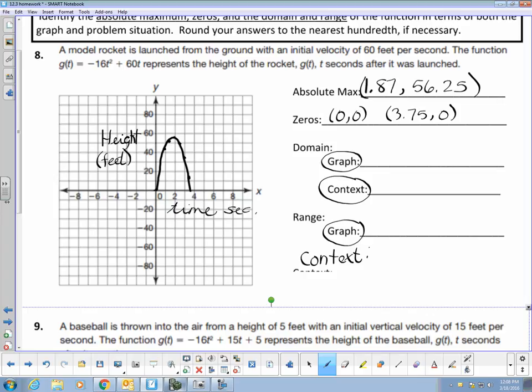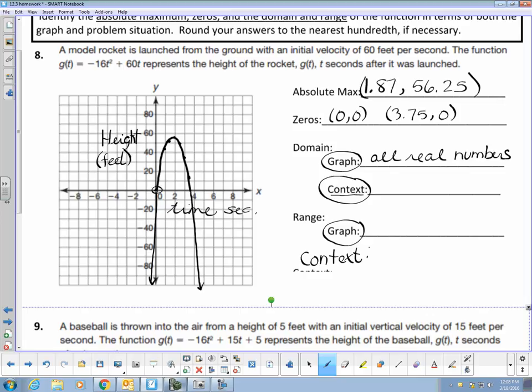My domain. So the entire graph would continue infinitely. And so for the domain, it would be all real numbers. But in terms of the context of the problem, let's just remind ourselves, domain is from the beginning to the end.